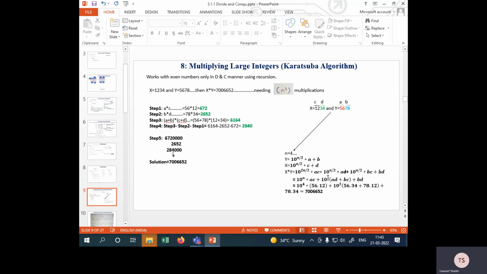The second value, from step 2, is 2652, add it here. And the value you found in step 4, 2840, put it here and add 2 zeros to its right. Then take the addition of all those three, and you will get the original value, which is equal to 7006652. Yes, we will get it.